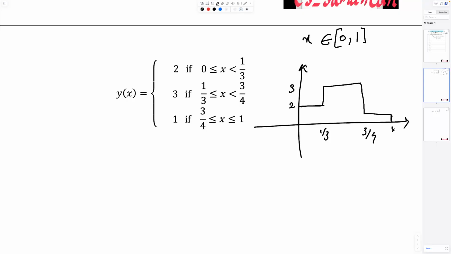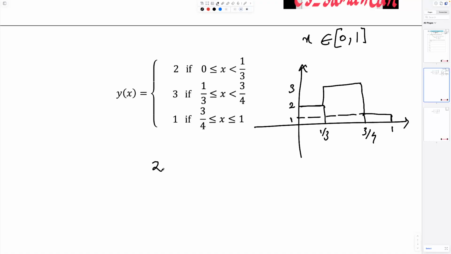Like this. Now you can find the area very easily. The area is basically this rectangle plus this rectangle plus this rectangle. Very simple, you can directly find it. Let's do that.